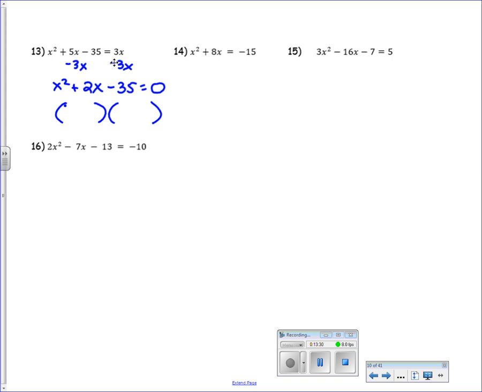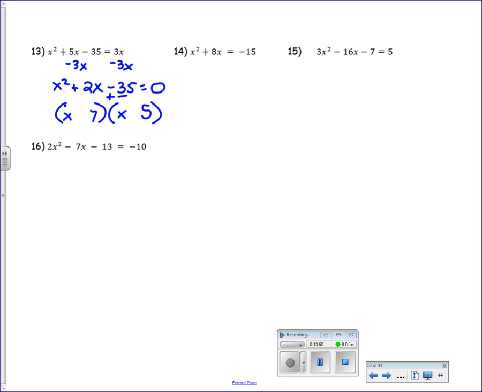And again, we're going to go to the number game because there is a 1 in front of that x squared. So we're going to think, what two numbers multiply to negative 35 and add to 2? Now, again, because it's multiplying to a negative, I know I need a plus and a minus. And the most common numbers that multiply to 35 would be 7 and 5.